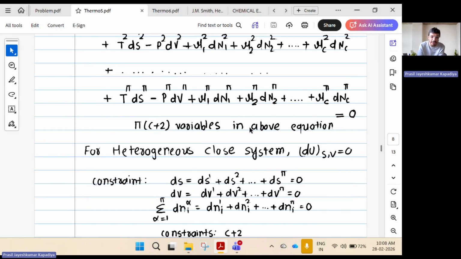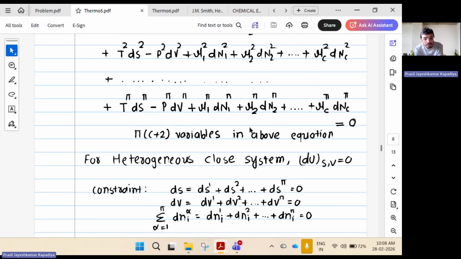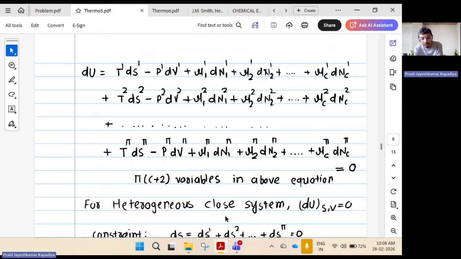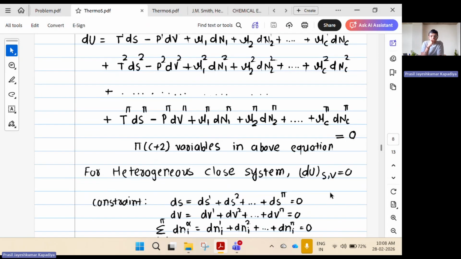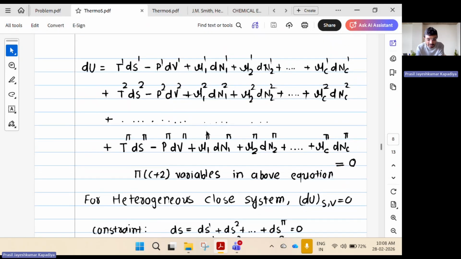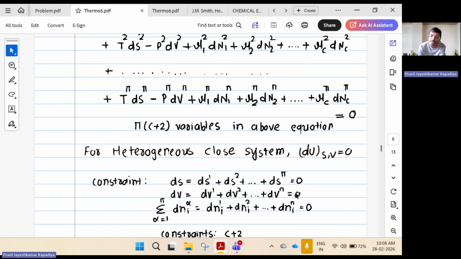Now there will be some constraints. When we are dealing with S and V, the total dS should be equal to 0. That is dS1 plus dS2 plus up to dS pi should be equal to 0. Similarly, dV1 plus dV2 up to dV pi should be equal to 0.